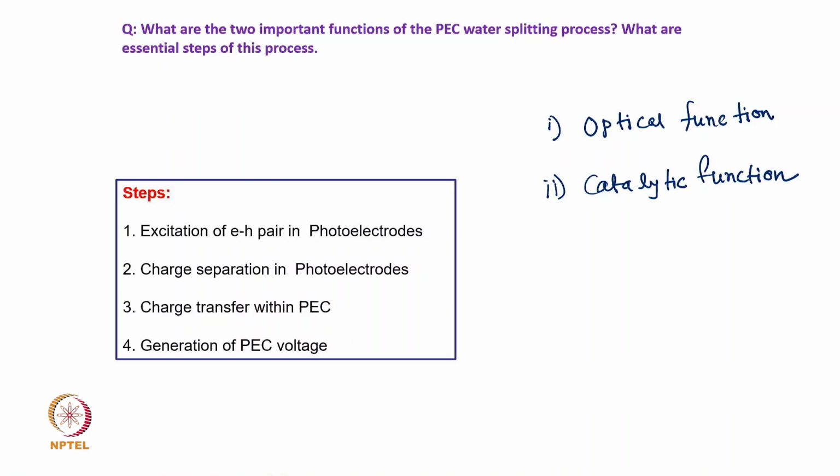The first step is excitation of electron-hole pairs in the photoelectrode. The second step is charge separation in the photoelectrode. Third is charge transfer within the PEC, that means charge movement inside the cell, and then generation of PEC voltage and splitting of water.